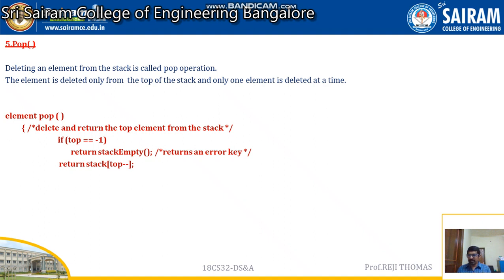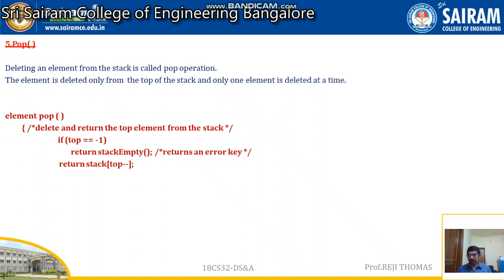Look at this statement. This is something like one shot, three birds. We have a return statement, and we have stack, which is the array name, and top minus minus. What is minus minus? It's a post decrement. So please take care of this.